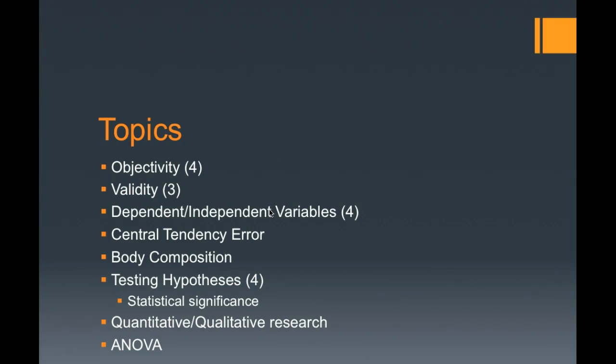We decide that one group is going to do high intensity interval training, the other is going to do continuous aerobic. You don't count each of those as an independent variable. The independent variable is just the training type.